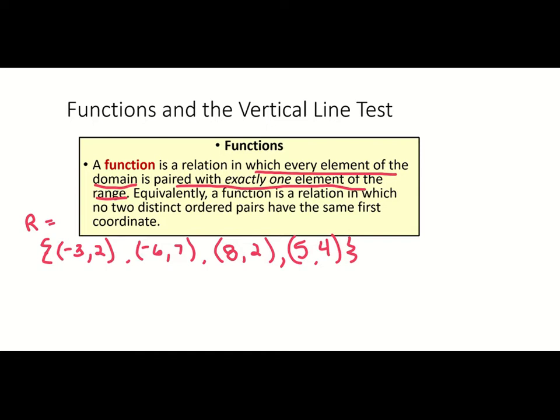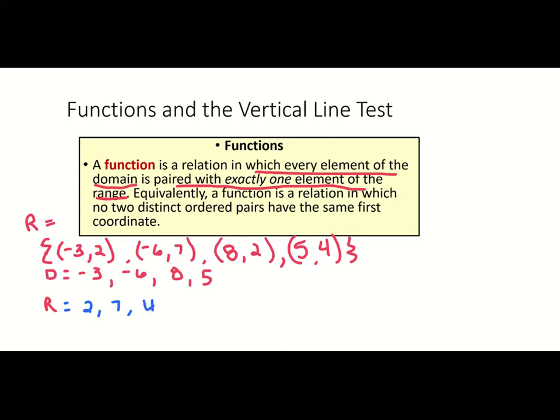What you have to do is look at your domain. I like to write it either horizontally or vertically, but I'm going to write it out. So my domain is -3, -6, 8, and 5. My range is 2, 7, we already have the 2, I'm not going to list it again, and then 4.